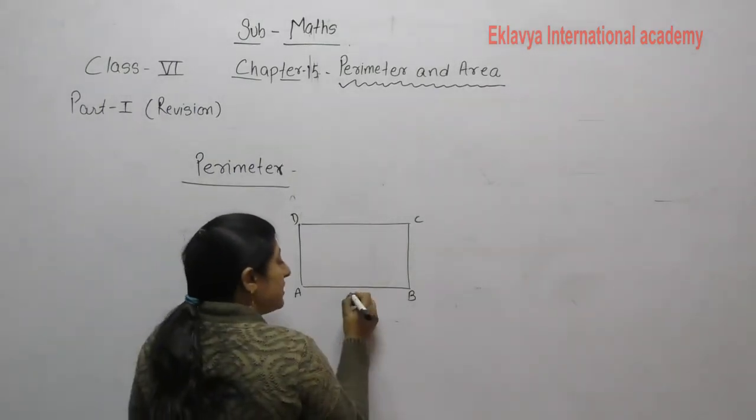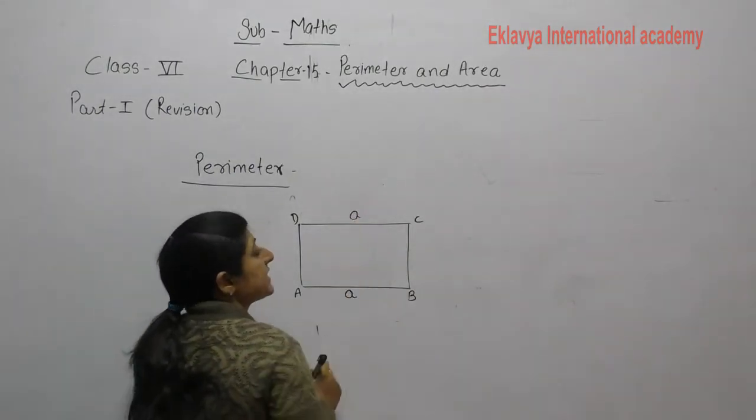In this rectangle, we know that opposite sides are equal.